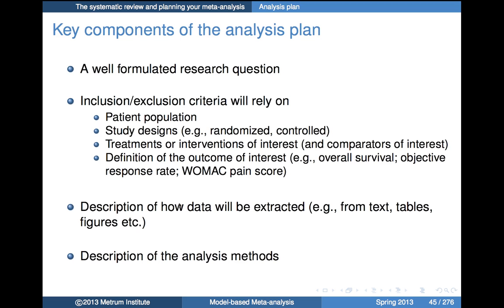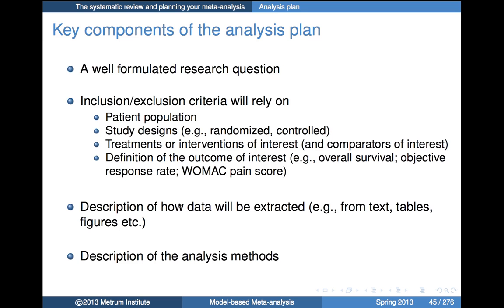So if you're doing a trial in a particular disease area, you'd want to think about whether you want to include only elderly patients or all patients, for example. You'd want to think also about the types of studies, whether you're including only controlled clinical trials, and if you are, whether they have to be randomized. So this means, are you thinking about including observational data, for example? If you're working in oncology, do you include single-arm studies or not?